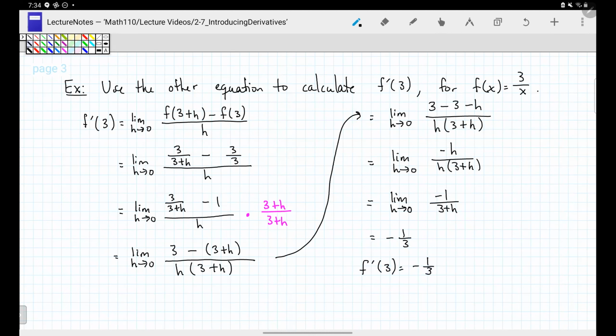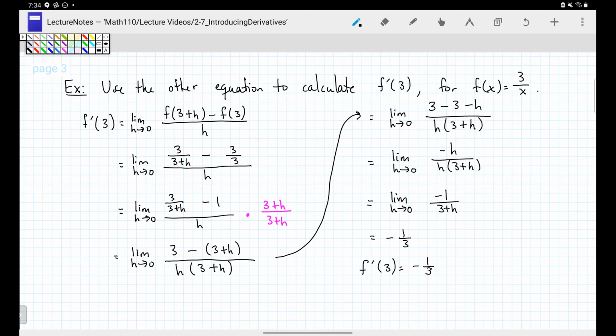So I just wanted you to know that there are two ways that are often used to calculate the derivative. Sometimes one way feels more convenient than the other. And there's no real way to say exactly when one version feels more convenient than the other in any given case.